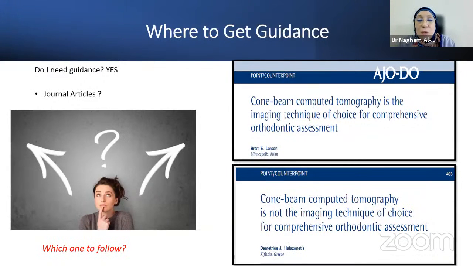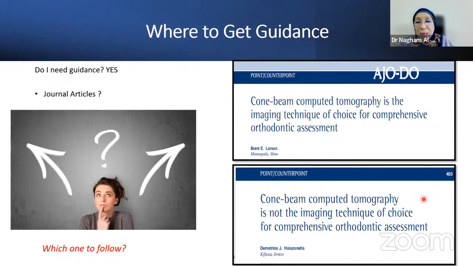The American Journal of Orthodontics and Dentofacial Orthopedics is a top journal in my specialty. In the same issue of the journal, two articles about the use of CBCT appeared, but with totally opposite opinions. The first article stated that the cone beam CT technique is the technique of choice for comprehensive treatment. The second article, in the same issue, stated that cone beam CT is not the imaging technique of choice.